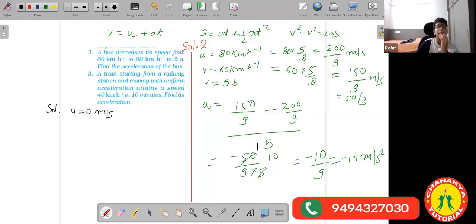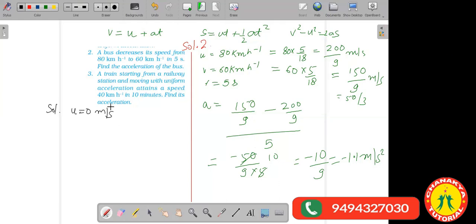So third one. Okay, let's check it out. So initial velocity 0. We get the final velocity as 40 kilometer per hour, and we convert this as 40 multiply 5 over 18. So we multiply this by 5 over 18 to convert it to meter per second.